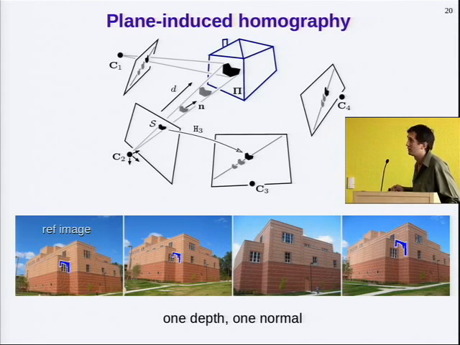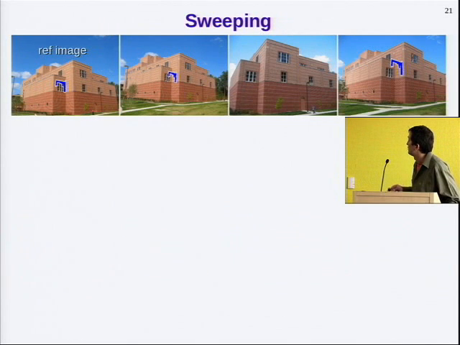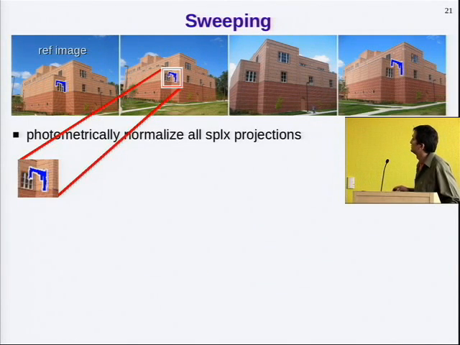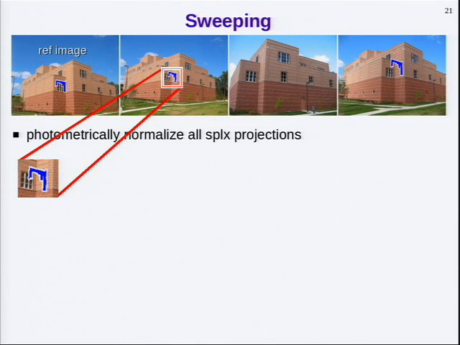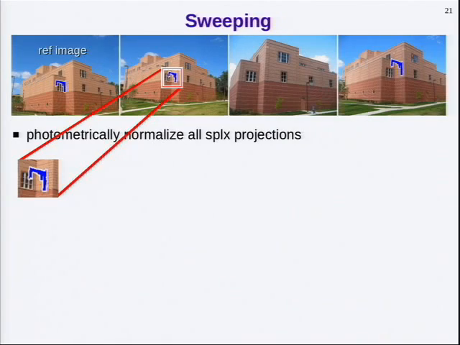projections are okay? So again, the same image, and now what we propose is to first take all the superpixel projections and photometrically normalize all the pixels inside the superpixels, because you see the illumination changes across the views are quite significant. If you compare the third view and the first view, it's quite different.